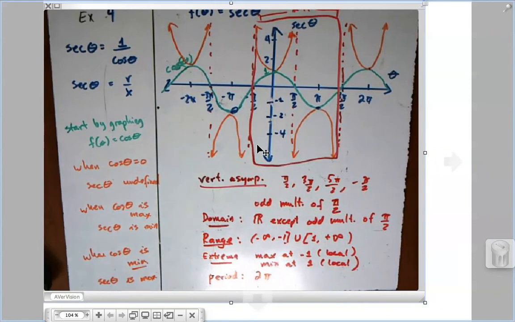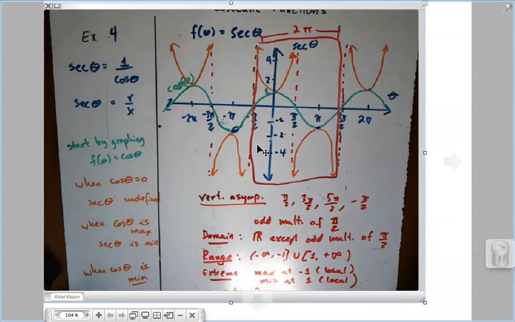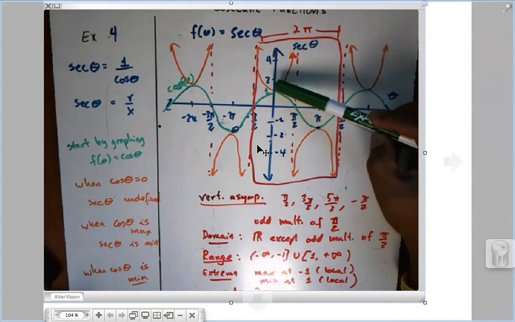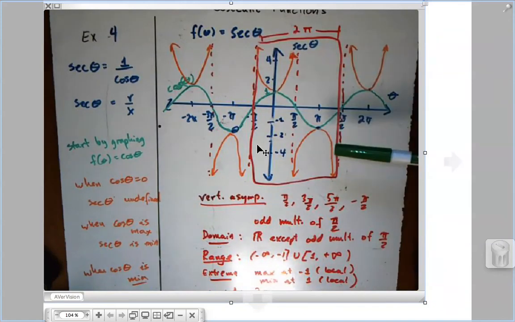Okay, so we can see that secant and cosecant are the reciprocals of sine and cosine, and their behavior reflects that in a way, because you can see that whenever cosine hits its peak, secant actually hits its low point. When cosine hits its low point, secant actually hits its high point, even though it's a local value.